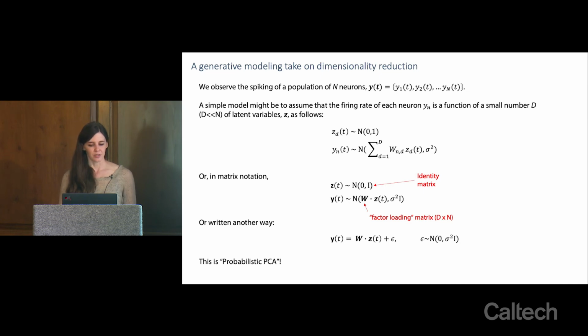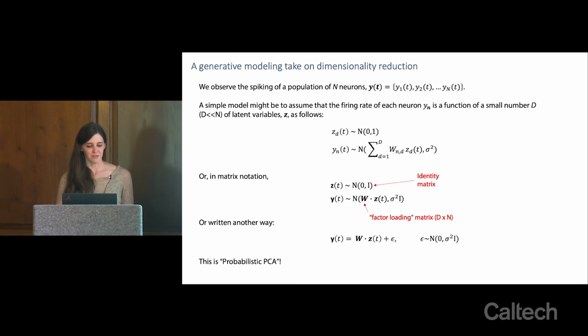So one that you could do is you could say each of my latent variables is just going to be random, Gaussianly distributed, has zero mean, and has uniform variance, and there's no correlation between neighboring time points. And you could say, well, all of my observed neural firing rates are just going to be Gaussianly distributed around a weighted combination of those latent variables with some noise in their observation of them.